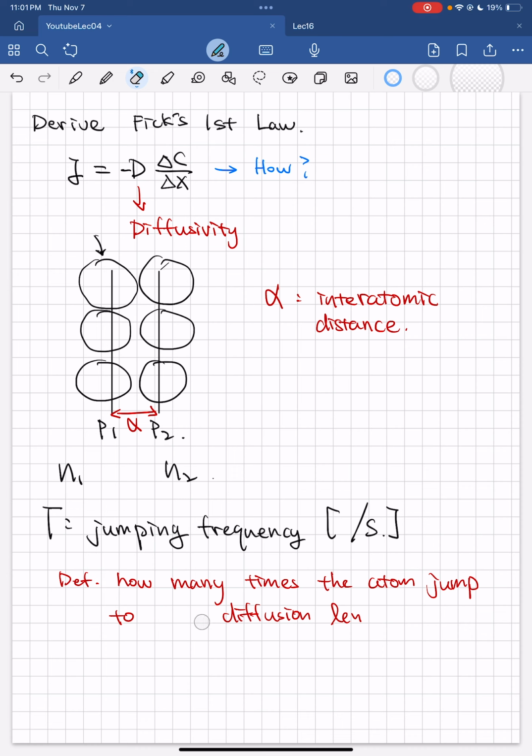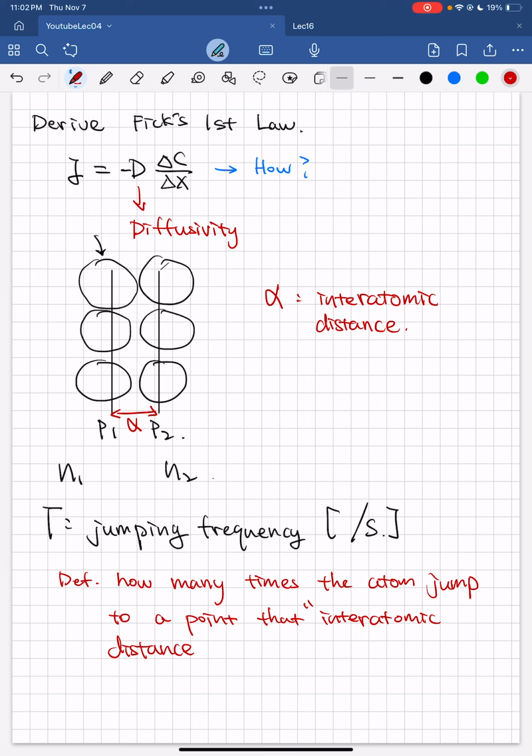You know what, let's just call it interatomic distance. Jump to a point that is interatomic distance far away, which is alpha, right?